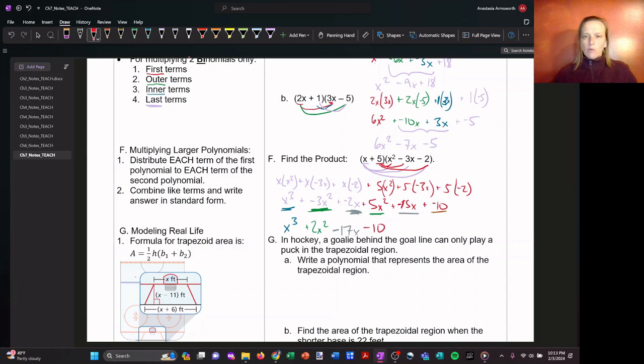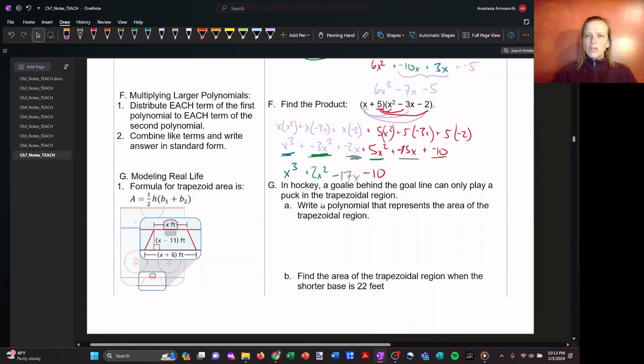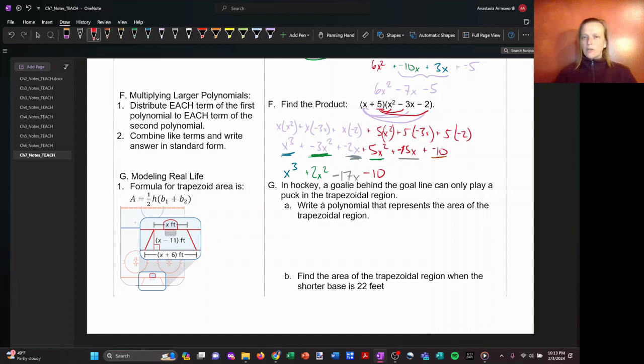So let's look at a real world example of when we might be multiplying polynomials together. Sometimes if you're looking for just the right ratio of measurements on something that you're building or something in sports, like for example, this trapezoid region on a hockey rink, we're going to write a polynomial that represents the area of this trapezoidal region here outlined in red.